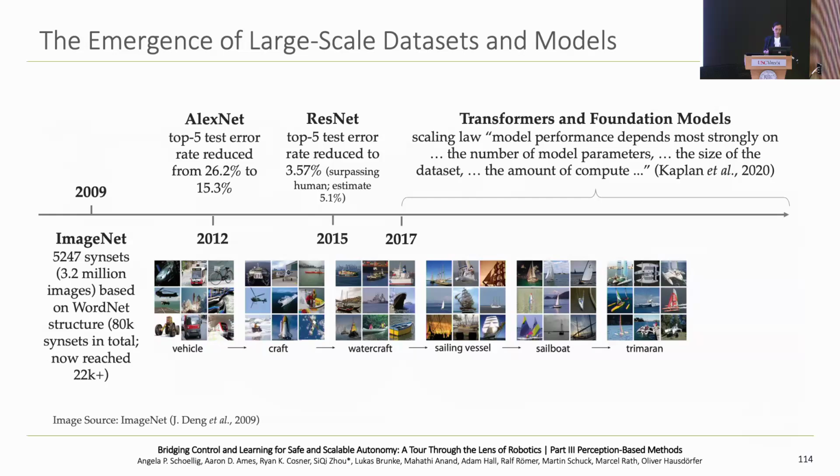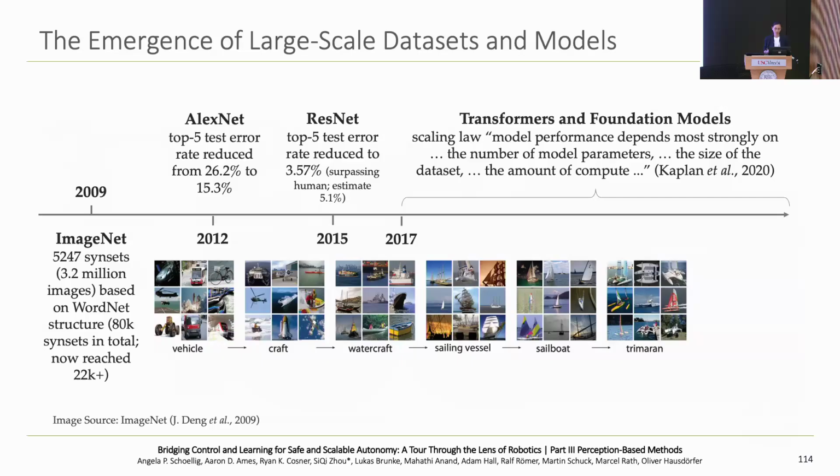And then in 2012, AlexNet was the work that showed promise of using networks to learn capable models to actually recognize images. And then there were continuous improvements. For example, ResNet was the time when we showed that this can actually surpass human performance.